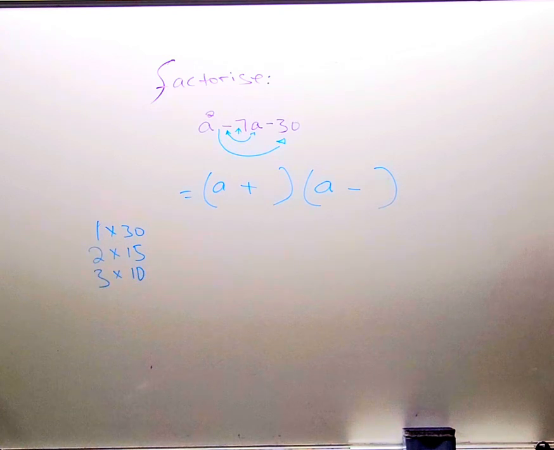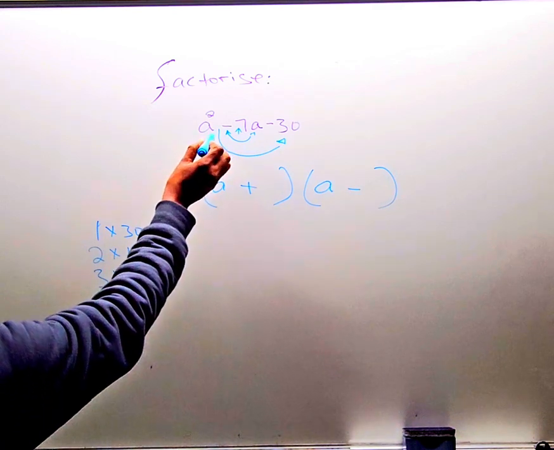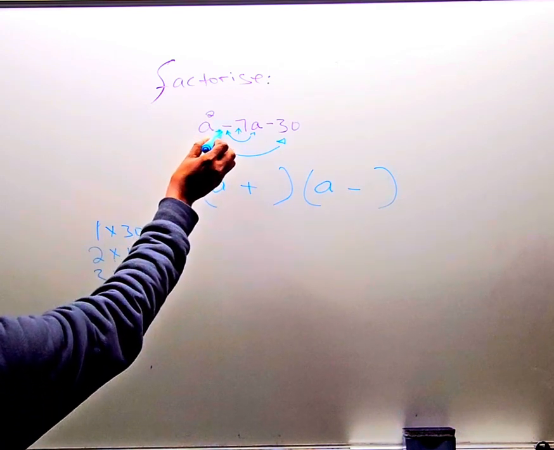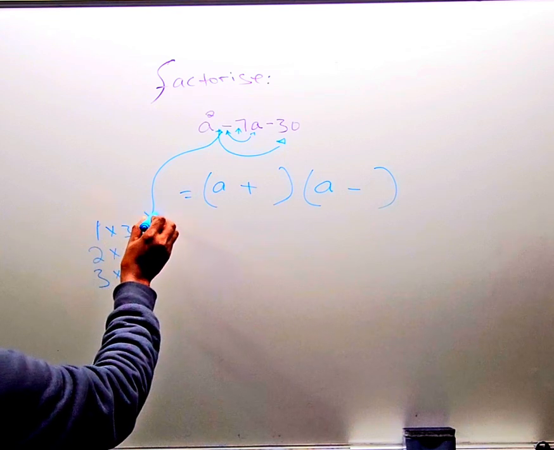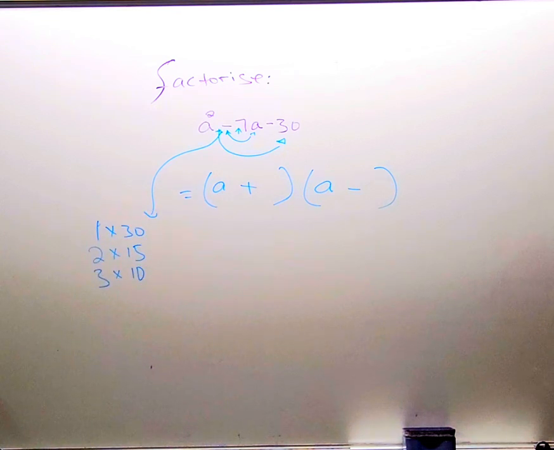Using natural numbers, we can get 30 in these 3 ways. Now, I need to find 2 factors that when I add them give me negative 7. Which ones?